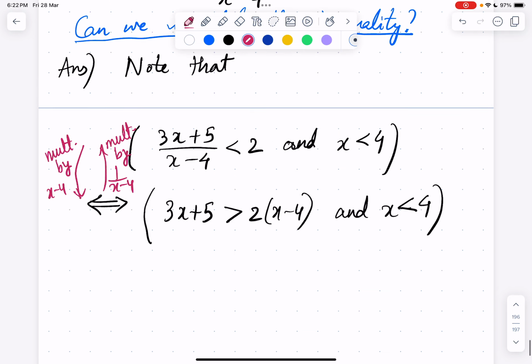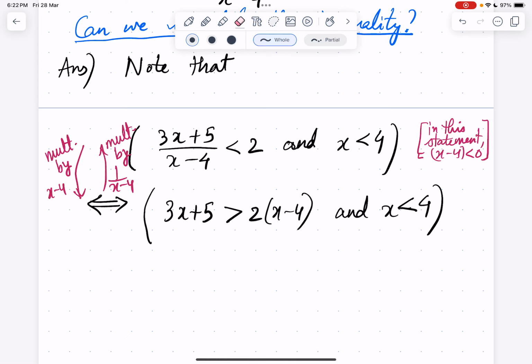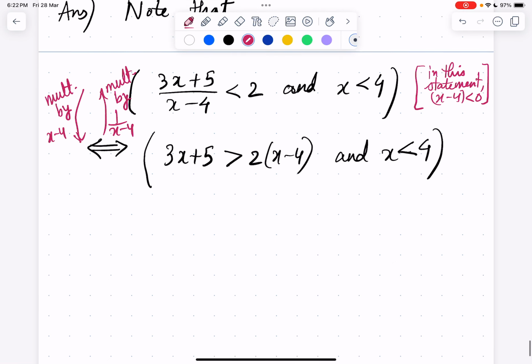So in this statement, x minus 4 is negative. We can rewrite this condition as this, and we can further rewrite this as x is greater than minus 13 and x is less than 4.